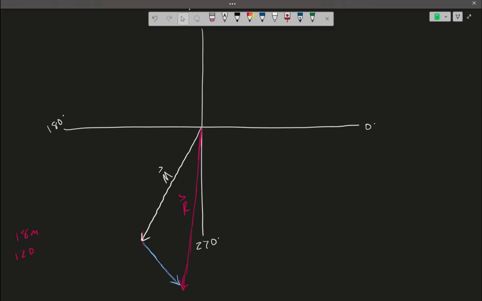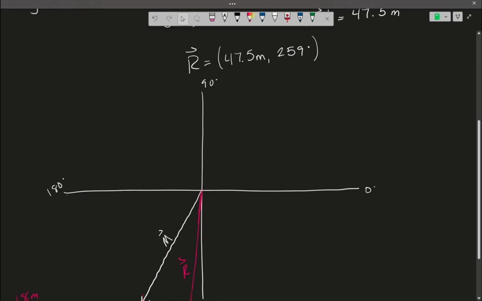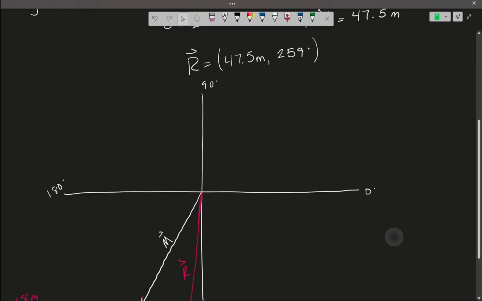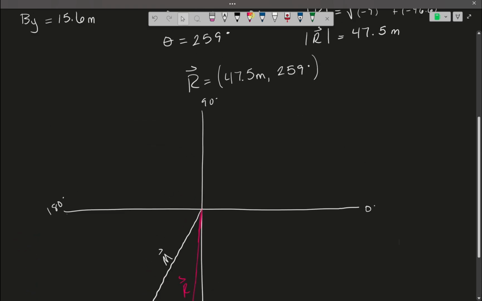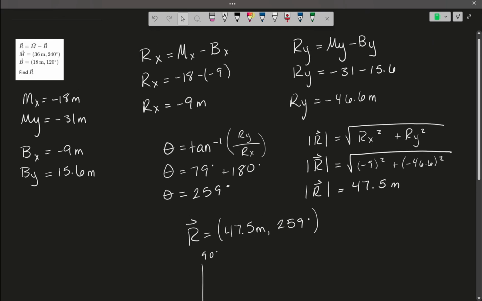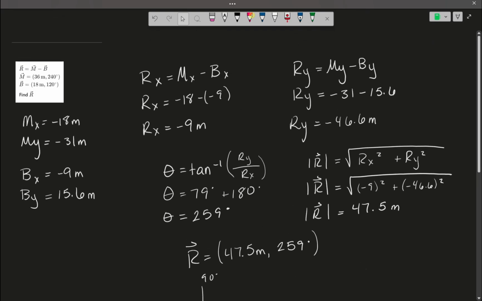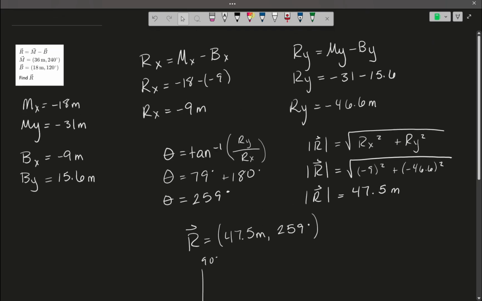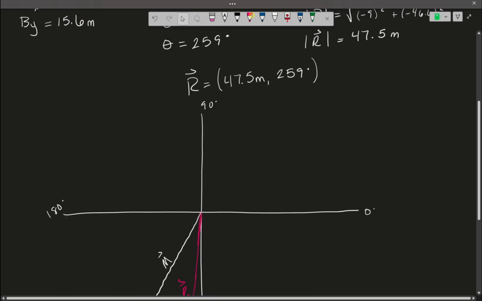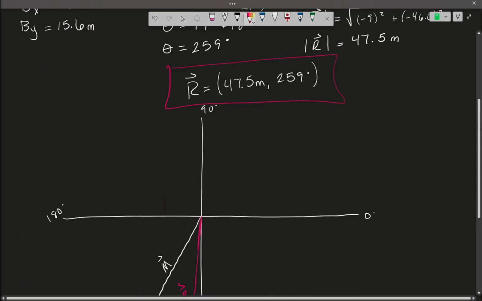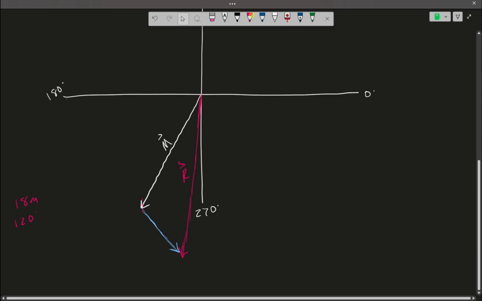My resultant vector should be 259 degrees, 47.5 meters. This is about 259 degrees right here. And 47.5 meters is going to be longer than M. It is longer than M. So it appears that my solution is correct because I double checked it visually.